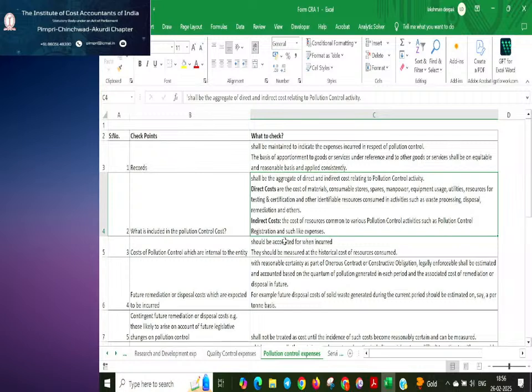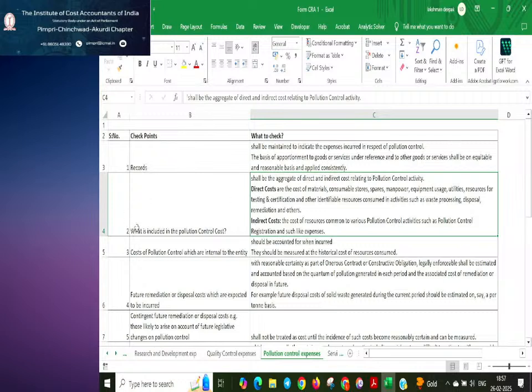Is this direct cost or indirect cost while you treat pollution control expenses? So like that will be the question. Got it? So always from examples they pick up the questions. So it is better you also remember the examples very well, because that will help you to answer such MCQs.